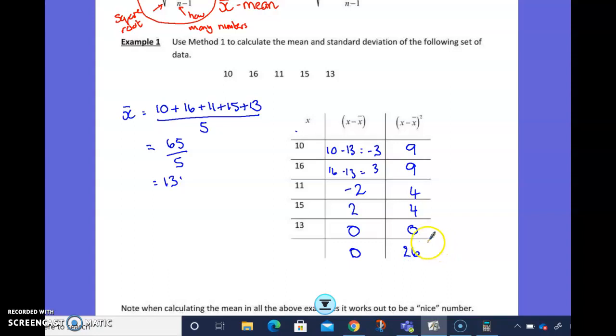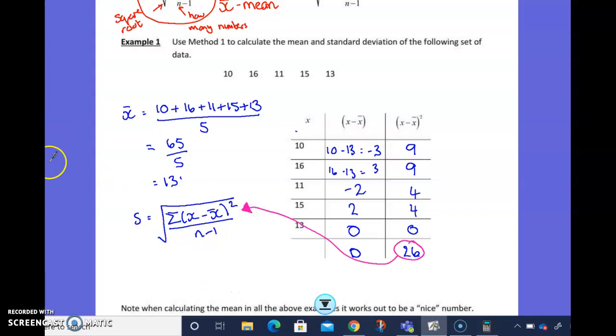Now, when we're looking at our standard deviation then. It's the square root of the sum of x minus x bar all squared all over n minus 1, which looks horrible, but we've done most of the hard work. This number here, this 26, is this full top line.